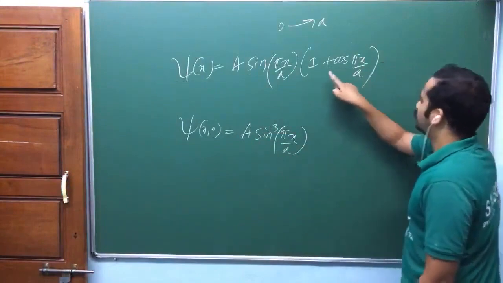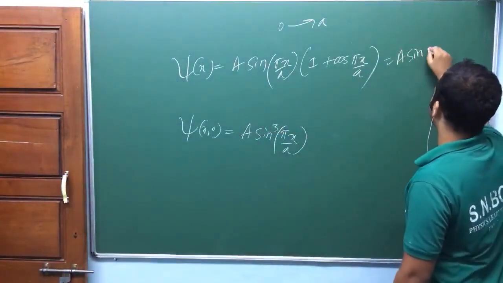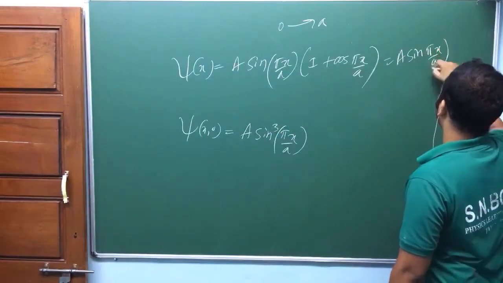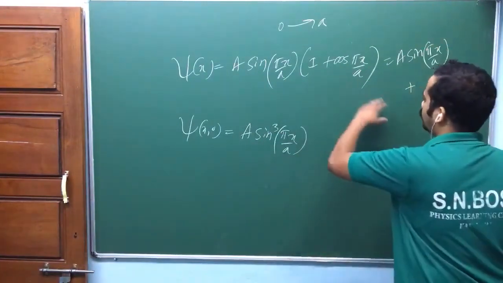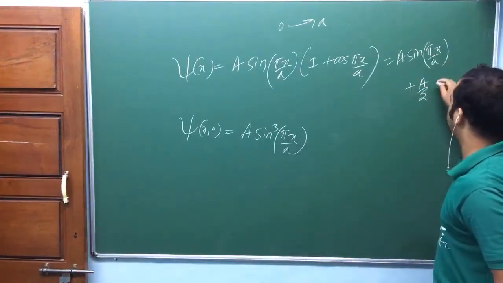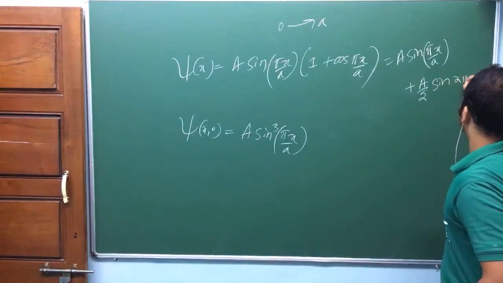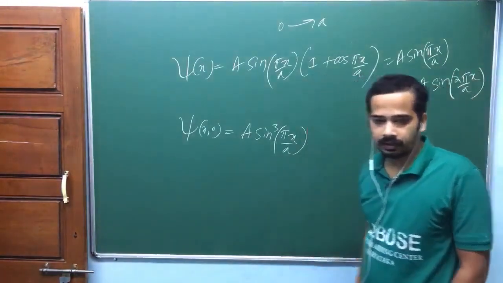So what is sine A into cos B? Let's speak out. Multiply and divide by 2. 2 sine A cos B is sine 2A. Look at here, it contains a finite number of terms.